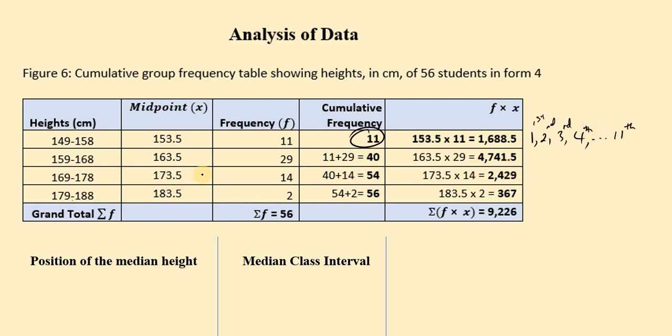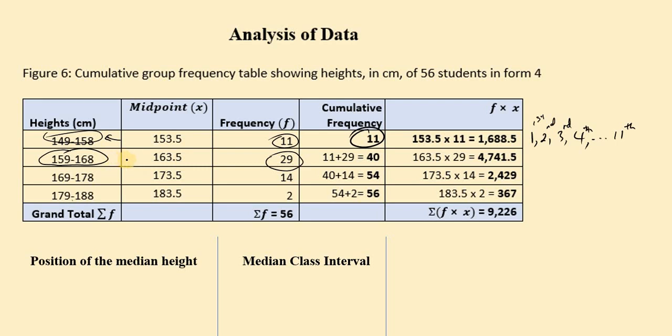But notice now, we only have 11 persons in this category. This category has how many persons? 29 persons, right? What's the rank of the person with the smallest height in this class interval? Well, the first class interval ranks from 1 to 11.